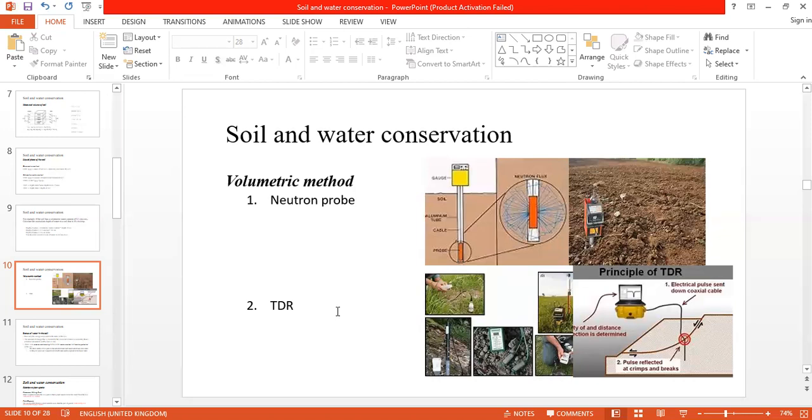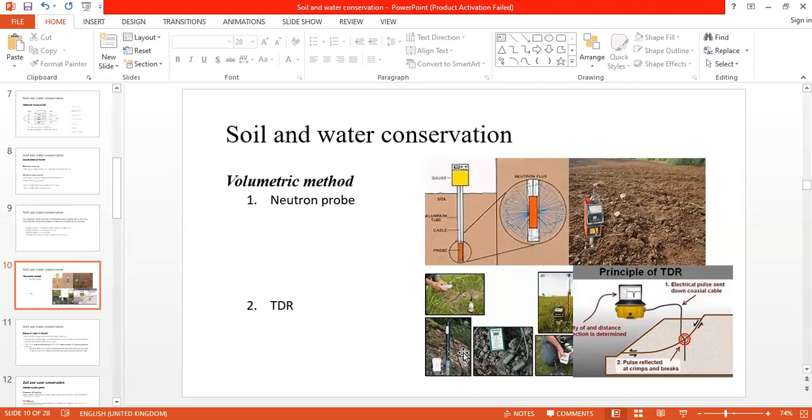But for this one, what you do is get a reading initially when you're setting it up. For example, with the time domain, you go to the field and you take the time it takes for the pulse to go and come back.